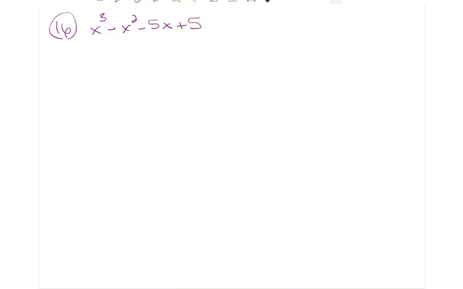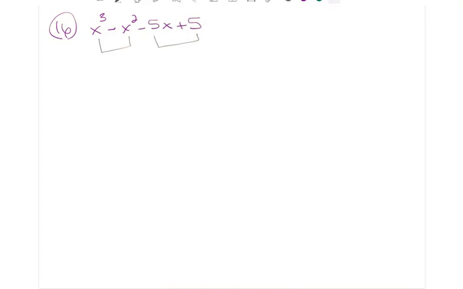A lot of times when I go to figure out how to set up my groups, I look at that constant term, that 5. He's usually the one that determines who we can pair with, because we can't pair with the x squared and we can't pair with the x to the third. The only guy we can pair with is the 5x, right? So I'm going to pair these two together, and then I'm going to pair these two together.